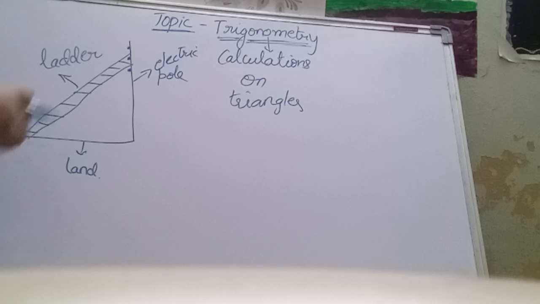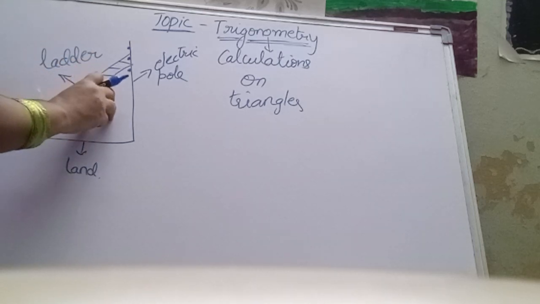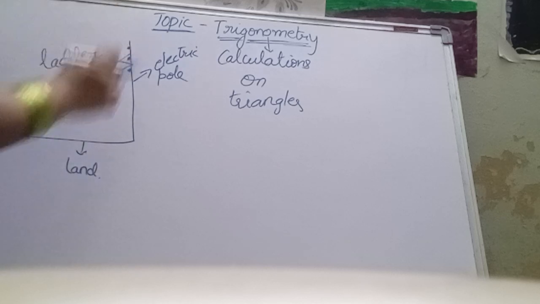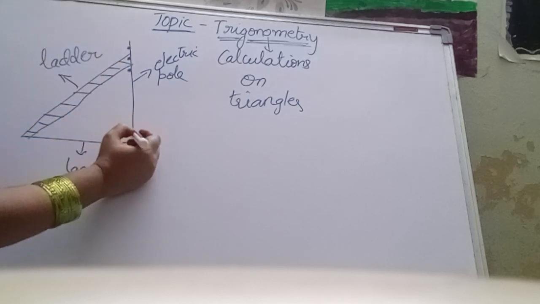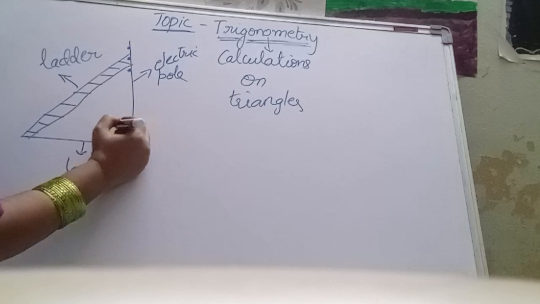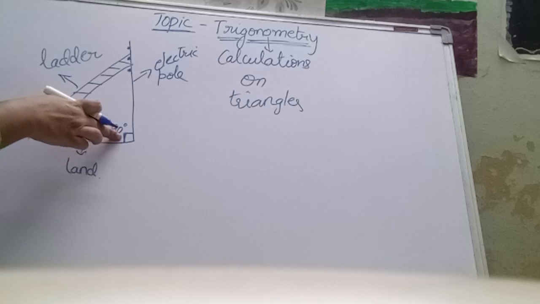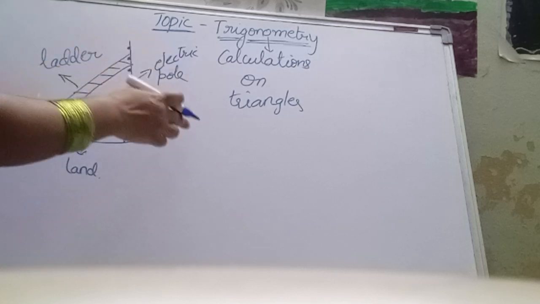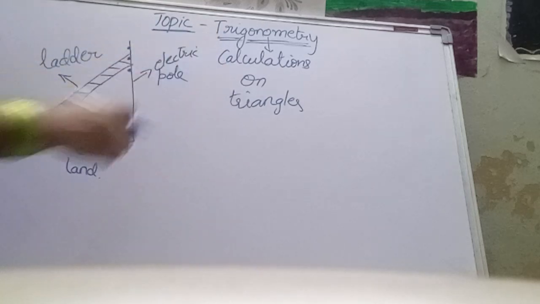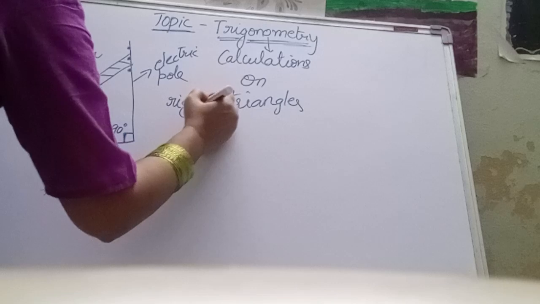Okay, and if you observe, this is looking like a geometrical shape, a triangle, right? Triangle. Now if you observe here, what is this angle? Anyone can understand that this angle is 90 degrees. It's a right angle. So basically the calculations will be done on right angled triangles.